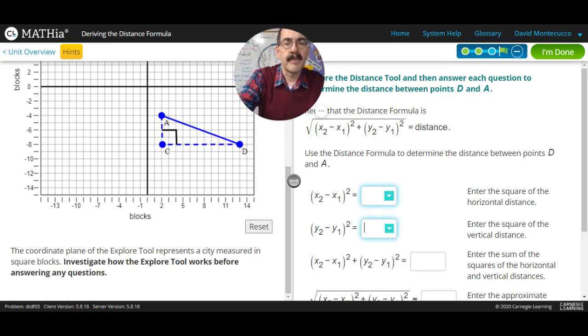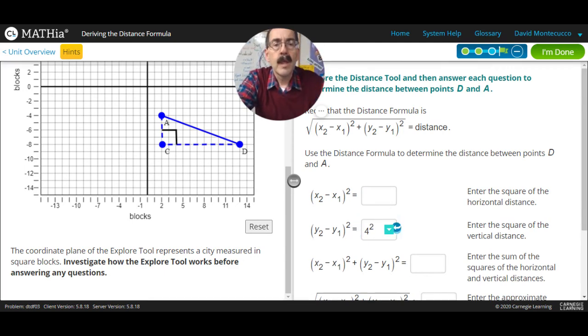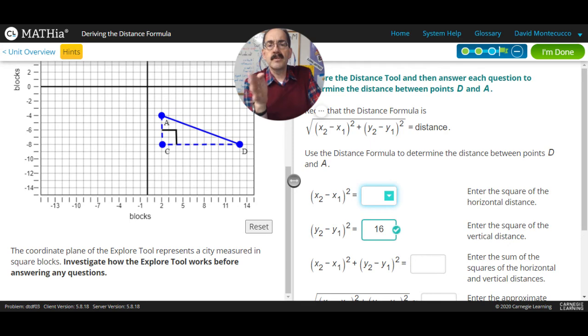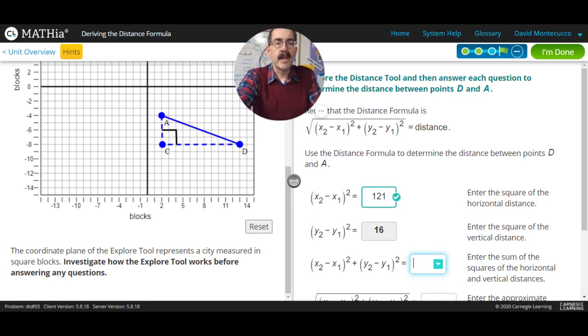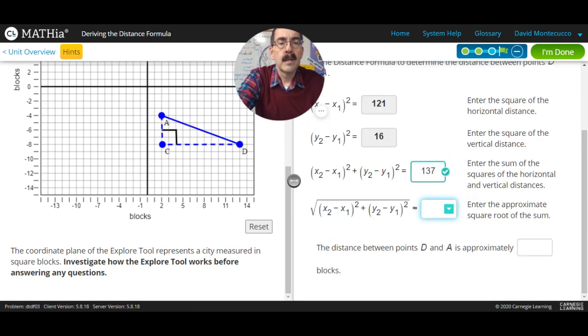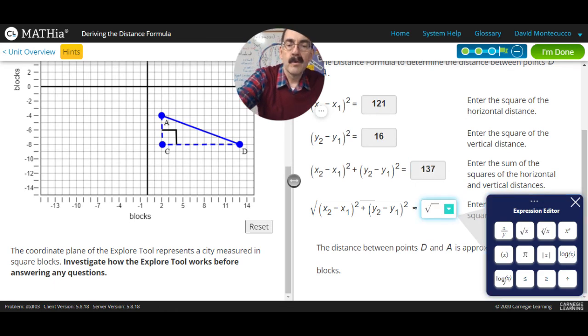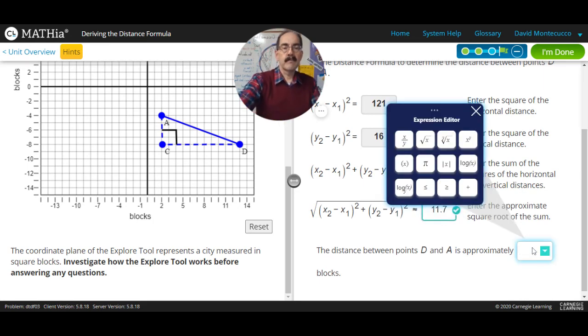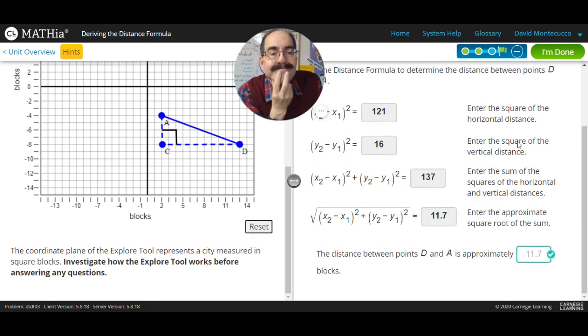Let's just do that since I got it in my head. 4 squared, and the horizontal was 11 squared. 11 times 11. Okay, put them together. Let's just add them: 121 plus 16. And the square root, so let's grab a little radical sign. 137. And we'll approximate from D to A, approximately 11.7. Awesome.